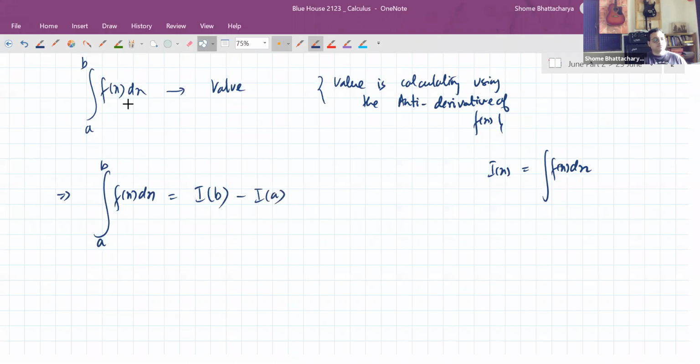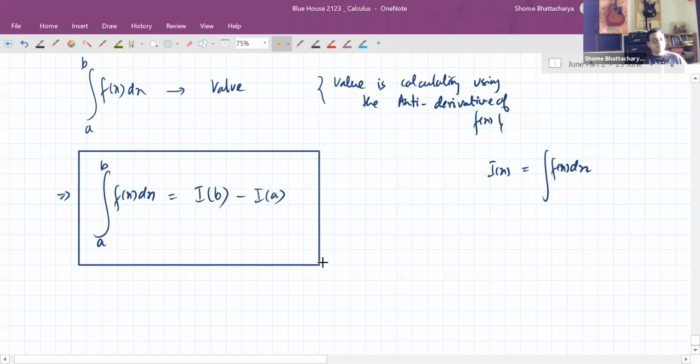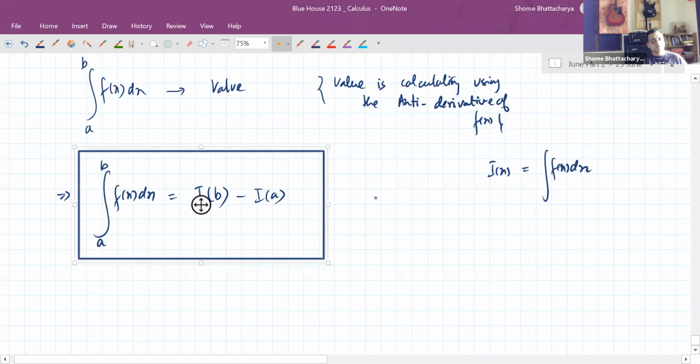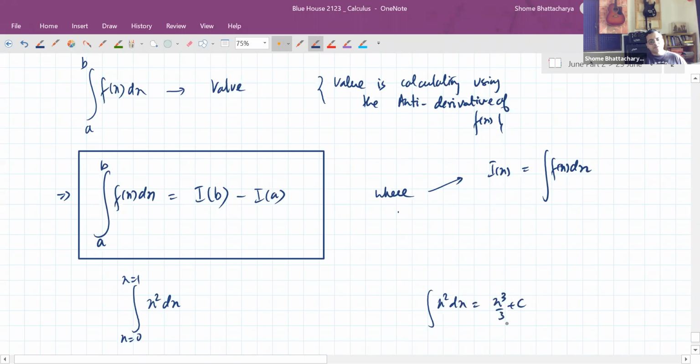So let's understand this with a quick example. Integration of x squared, if I want to do from x equal to 0 to 1. I know that the indefinite integration of x squared is x cubed by 3 plus c. This is my I(x), because this was my f(x).